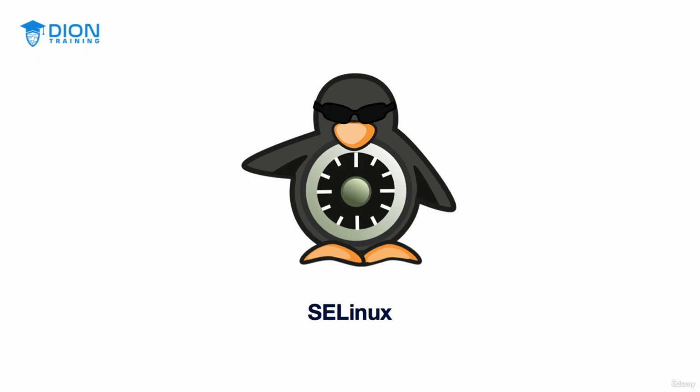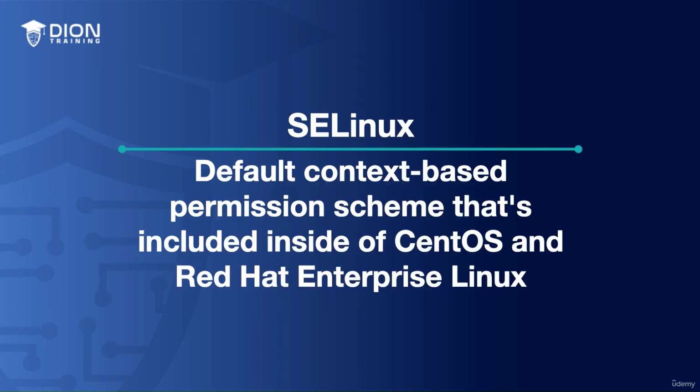Now, SELinux, on the other hand, doesn't allow DAC, and instead it relies on MAC to do its permissions and access control. SELinux was created by the National Security Agency, known as the NSA. SELinux is the default context-based permission scheme that's included inside of CentOS and Red Hat Enterprise Linux.